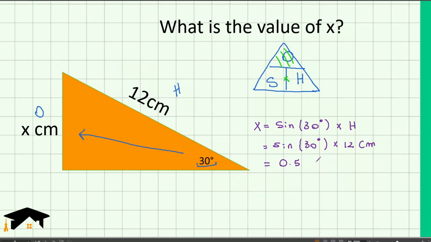So 0.5 times 12 centimeters. This is very easy to calculate. It gives us 6 centimeters. So with this, we have solved this first exercise that tells us that x measures 6 centimeters.